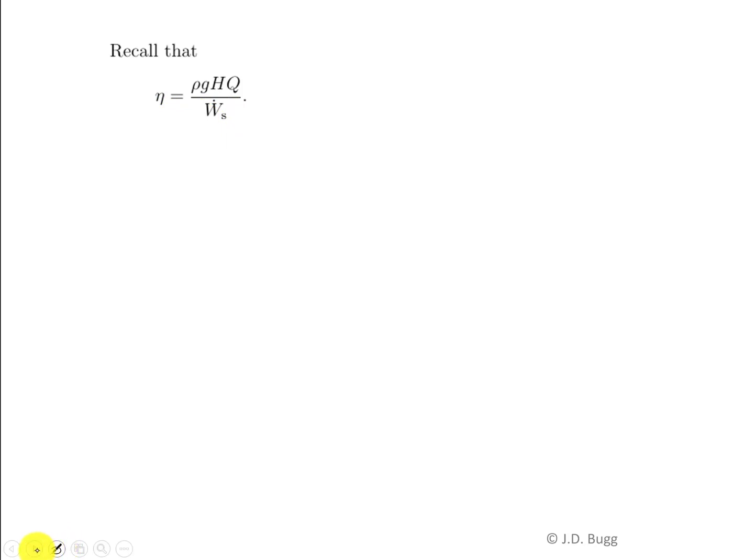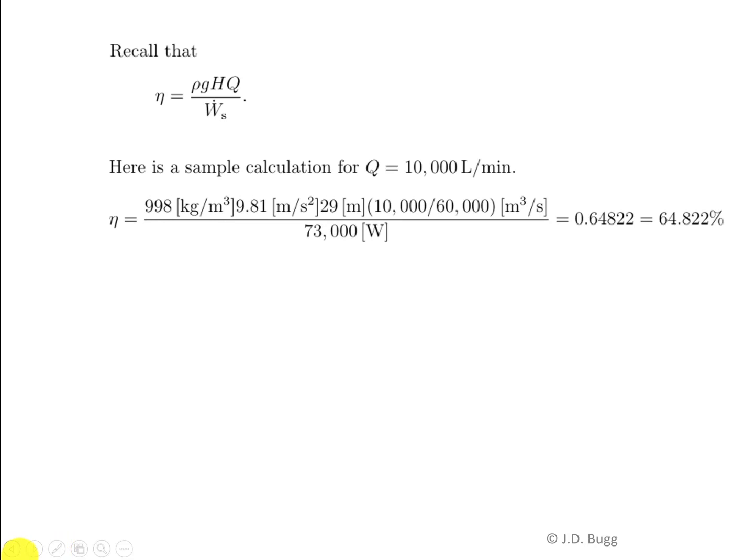So we're going to calculate this for each row in that table. Here's a sample calculation at 10,000 liters per minute. We have our density, 998. Remember, we're at 20 degrees C, and that's the density of water at 20 degrees C. g is 9.81. The head at 10,000 liters per minute is 29 meters.